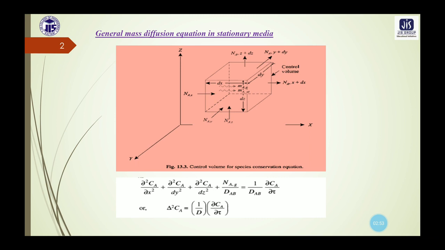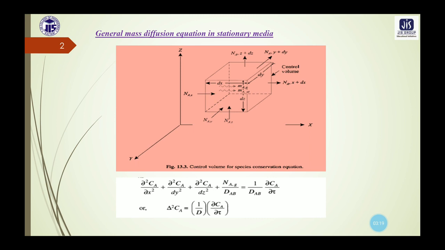After that we consider the mass balance equation along the x, y and z directions, forming the mass influx and mass outflux equations and putting them into the mass balance equation.